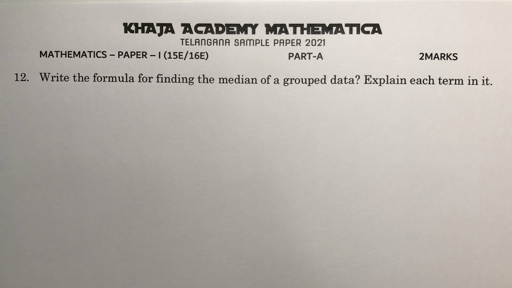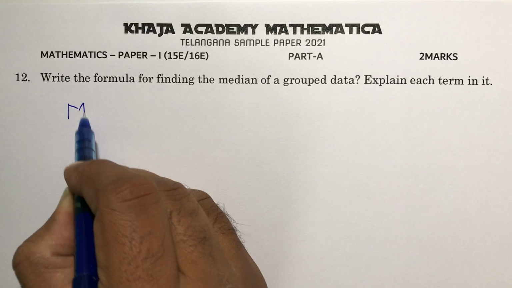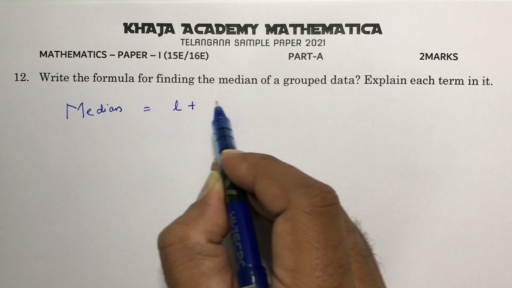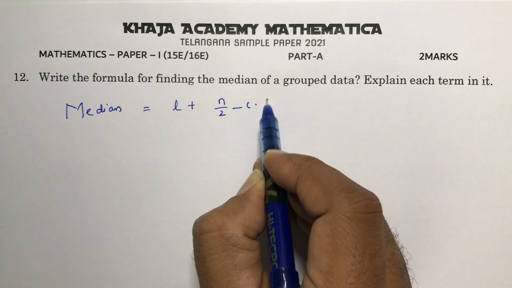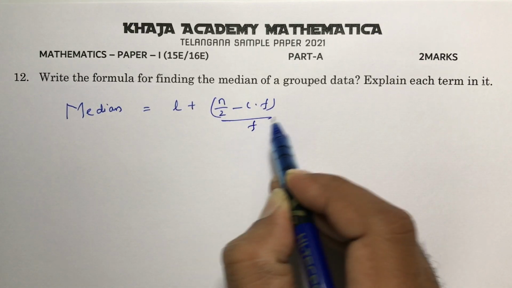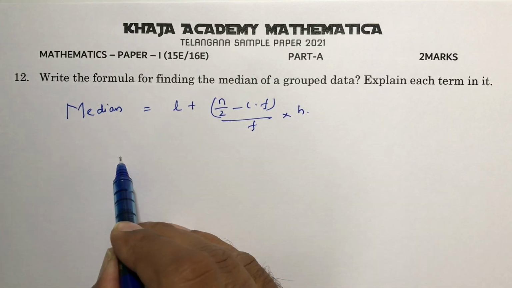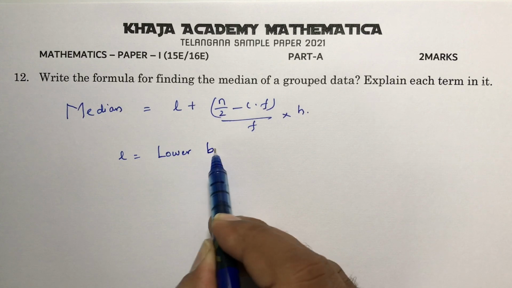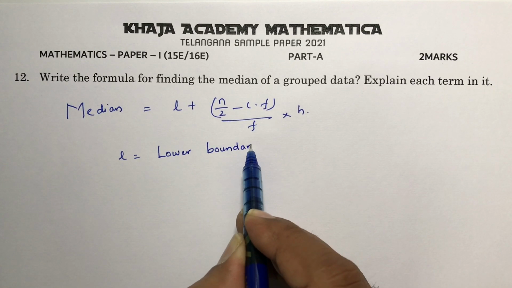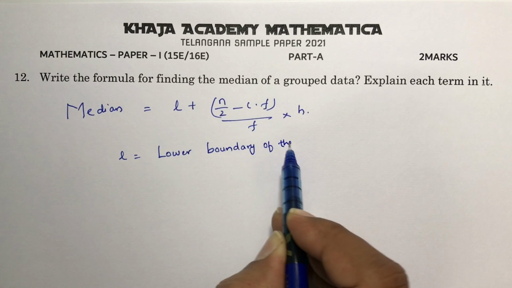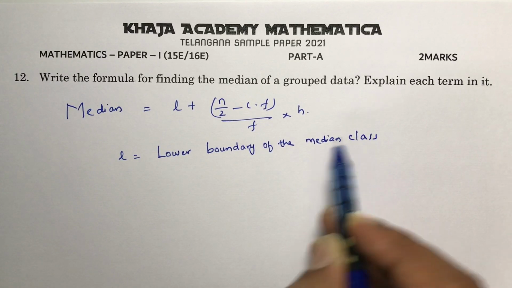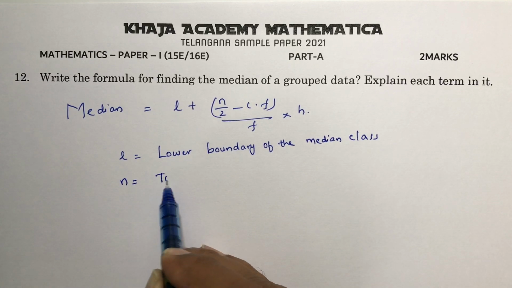Write the formula for finding the median of a grouped data. Explain each term in it. So median formula is L plus n by 2 minus Cf by small f into h. Here L is lower boundary of the median class. Next, n is total frequency.